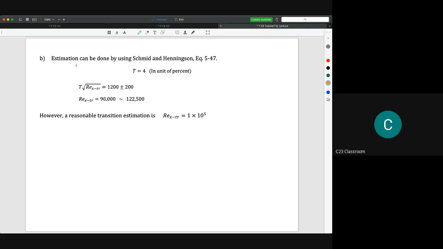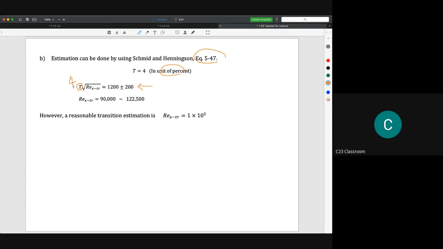Then we estimate this one by using the Schmidt and Henningsen, which comes from equation 5.47. The equation is here. However, the value of t here is in terms of percentage. So if it is 4%, we substitute with the number 4, not 0.04.